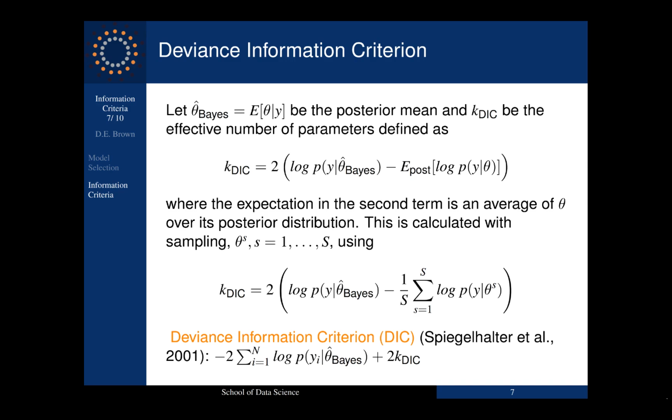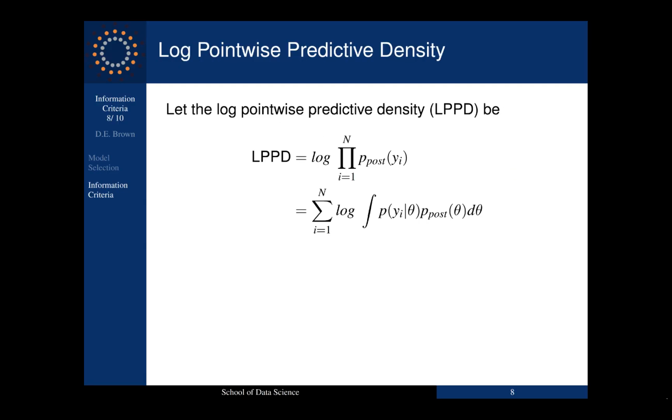So we'll do an even better job of estimating both terms in this information criterion. The way we do it, for the first term, is we compute something called log pointwise predictive density, or LPPD. We calculate LPPD by first looking at the posterior densities at each of the sample points, and taking the log of the product of those.